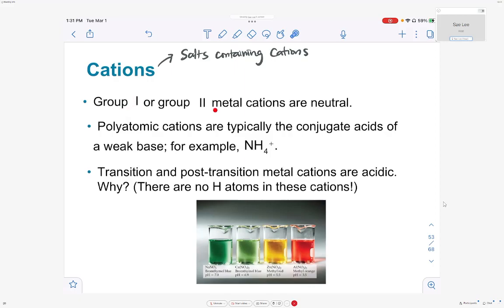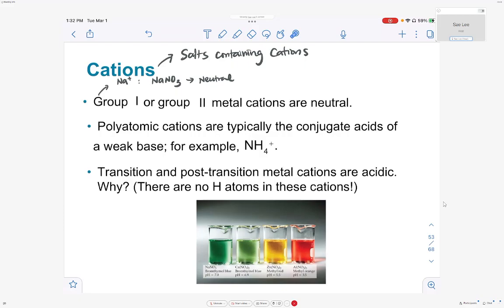From the periodic table, let's say, for example, sodium. Sodium is a group 1 metal. So any salt containing this group 1 metal, such as sodium nitrate, is going to be neutral. Why? Because it contains a group 1 metal.